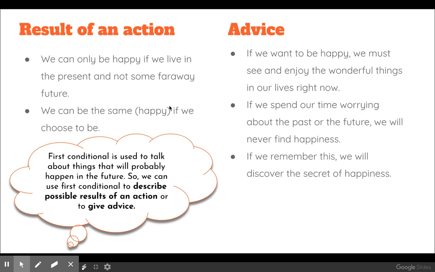Yes, he uses these two sentences to discuss the possible result of an action, and he uses these sentences to give advice. We're going to look at these in more detail in just a second, but let's review quickly that when we use the first conditional, right? We use that to talk about things that will probably happen in the future, right?